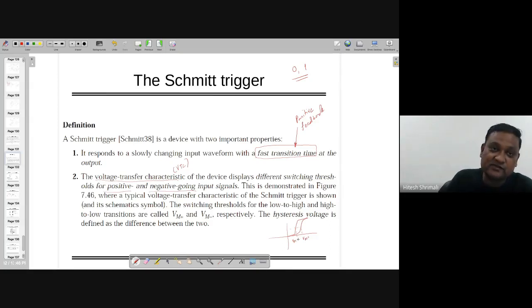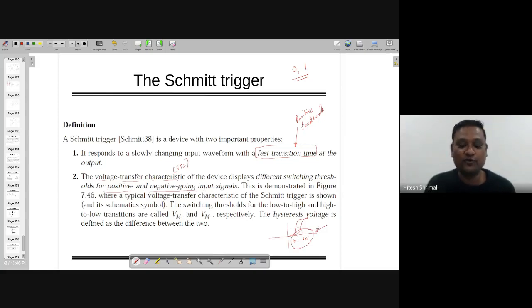Unlike the normal inverter, which does not remember or does not have the hysteresis, and has a hard value of Vm, right? So these things we are going to achieve, given that we know how to tune noise margin high and noise margin low. This is going to be advantageous in that way. We are going to use it, and we are going to understand how it's happening.